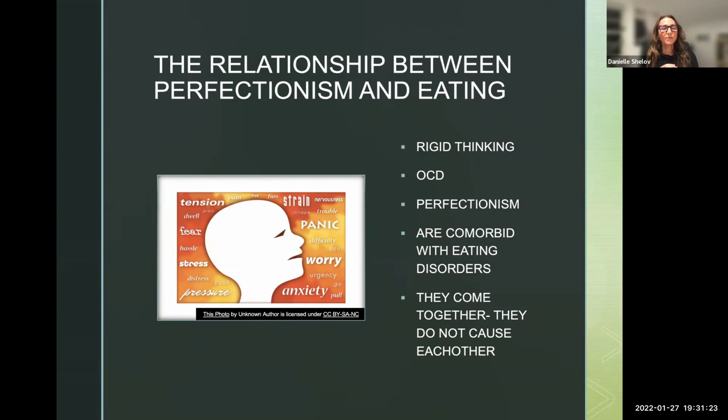So if you are instinctively rigid, or if you instinctively lean towards the perfectionist side, then it is going to be much easier for you to be really rigid and perfect about your food. So it's almost like you are born with this reinforcer, and so it's just not doing you any favors. So I want you to think about the whole constellation of symptoms instead of just looking at them as causing each other. They're not causal, but they do impact each other.